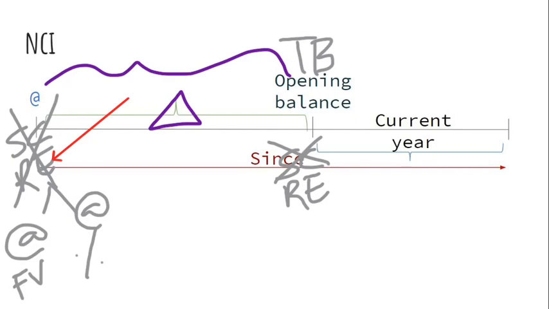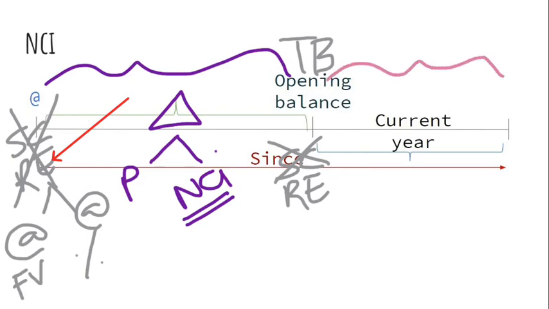This movement in equity of S has to be attributed to the equity participants, being the owners of the parent and NCI. For this NCI amount, I need a consolidation journal entry. I do the same for the current year. The current year equity movements from the separate financial statements of S also have to be attributed to the equity participants.